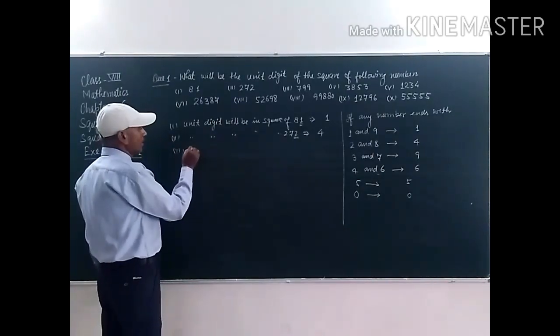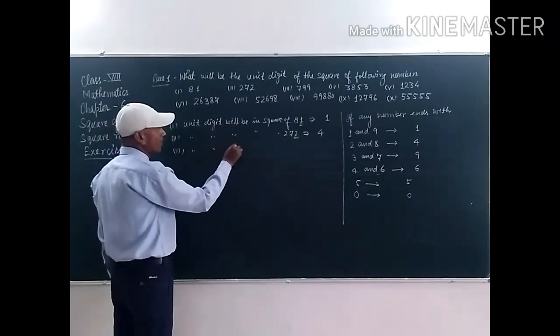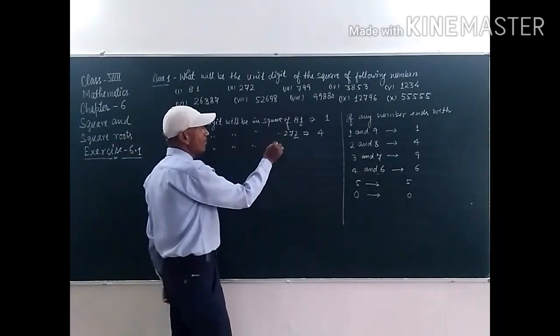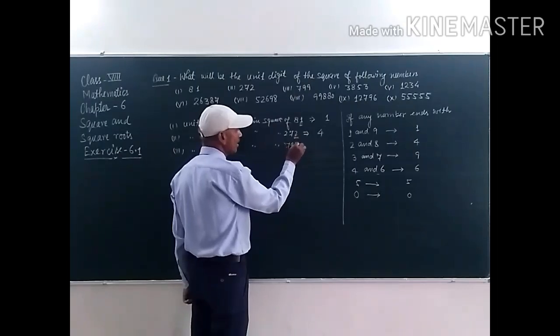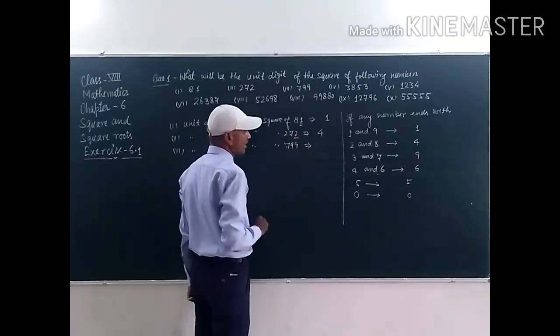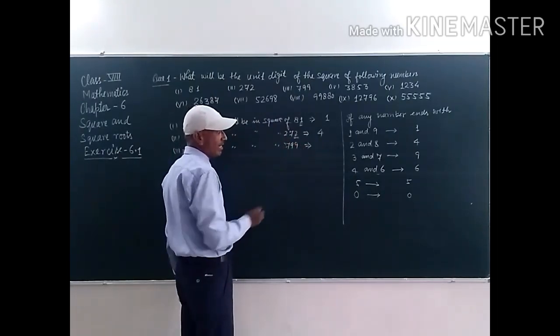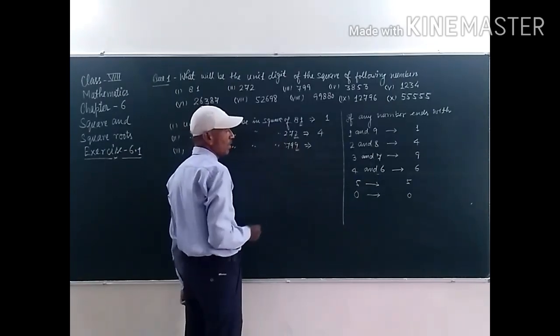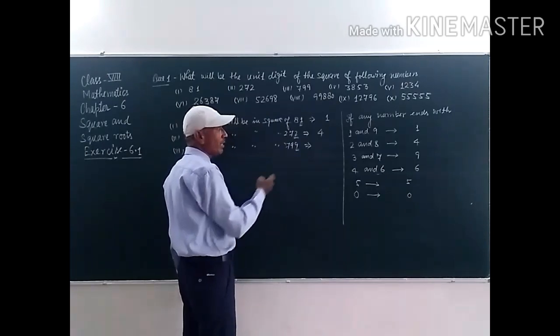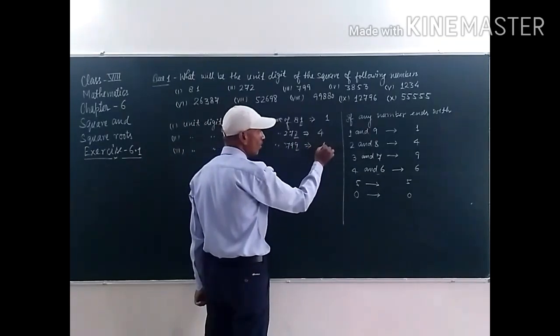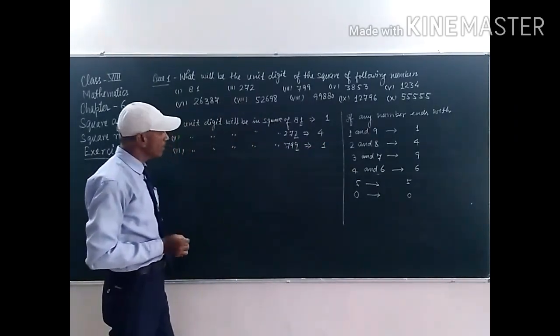And third part, unit digit will be in the square of 799, that is, number is 799. So unit digit is 9 here, student. So in the square of this number, unit digit will be 1. Clear, students?